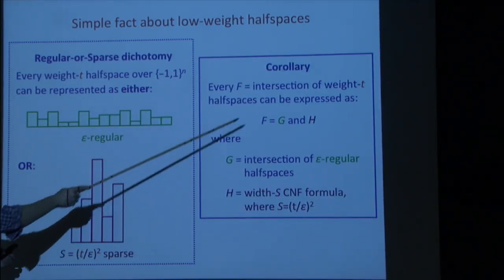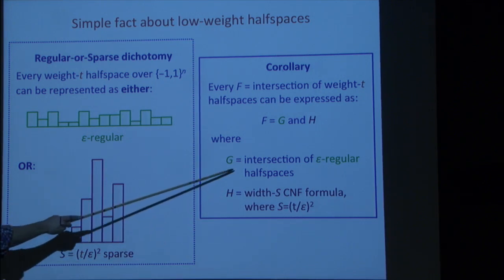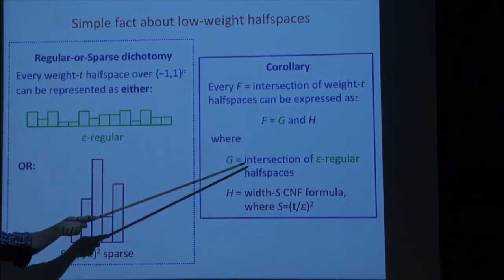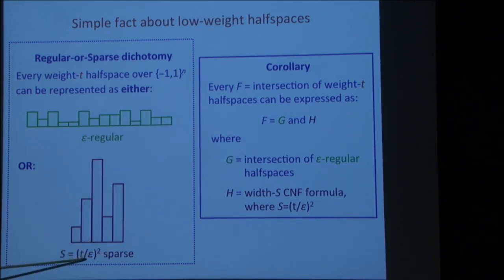So if I think about a general intersection of low-weight half spaces, I should put them into two buckets. I should take all of the regular guys and put them over here. The AND of all of those is going to be this intersection of regular half spaces. I'll call it G. And then all the guys who are not regular, t over epsilon squared sparse, I should AND them all together and put them over here.